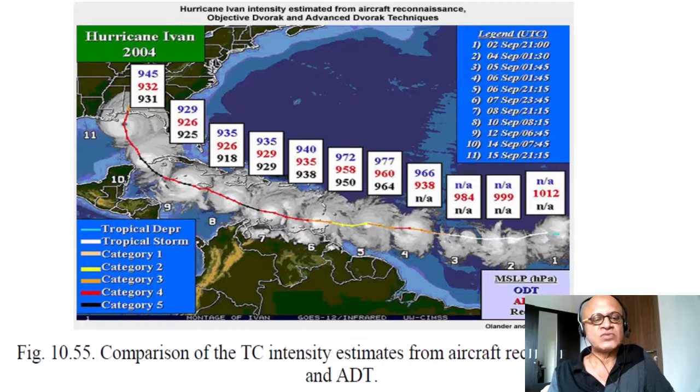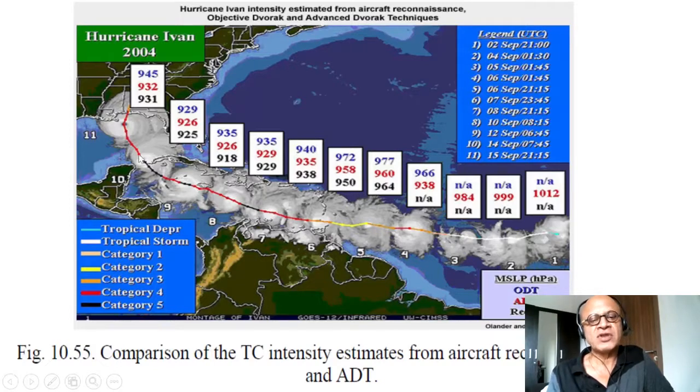And you can see here the estimated category, tropical depression here, tropical storm over this white line. You can see nice images underneath. Becomes category 1, 2, 3, 4, and then 5 here, and then goes back down. So here it vacillates a little, 5 to 4, to 5 again, 4 again, 5, and so this is what we were talking about, the intensification, inertial stability, upper level flow, sea surface temperatures, and so on.